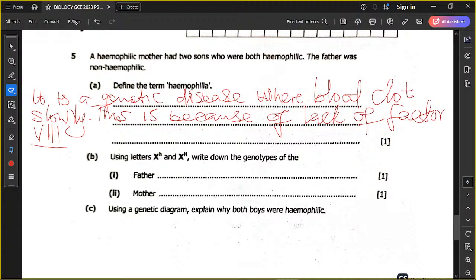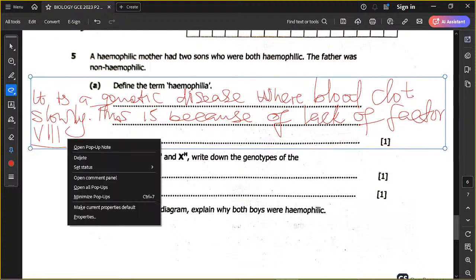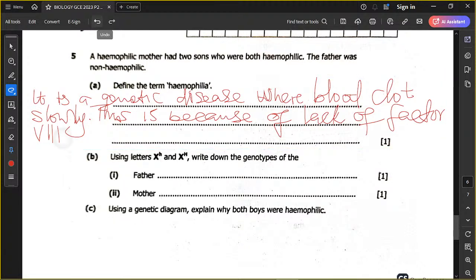So the lack of factor 8 will cause this condition called hemophilia. Unless there are questions; if there are no questions, we can forge ahead.